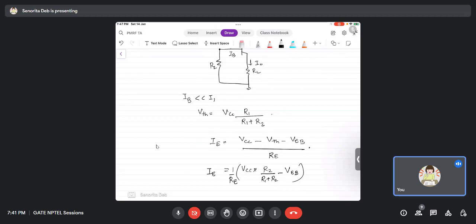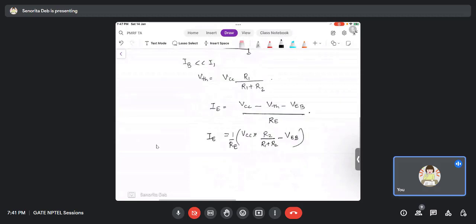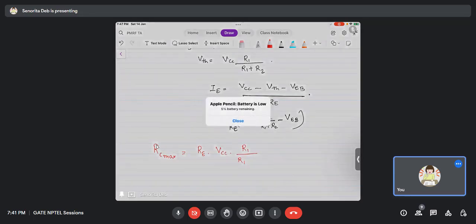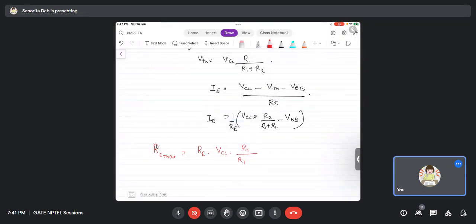From here, if you solve for RC max, I'm just writing it down, you should do the derivation and check. RC max will come out to be RE times VCC times R1 by R1 plus R2, into 1 upon R2 by R1 plus R2 times VCC minus VEB.